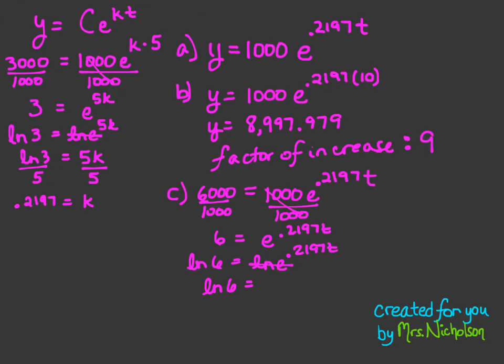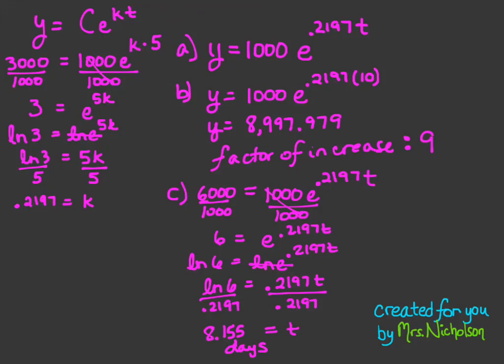And so I have the natural log of 6 is equal to 0.2197t. And final step, to solve for t, we're going to divide by 0.2197. And the time to reach 6,000 bacteria is equal to 8.155 days.